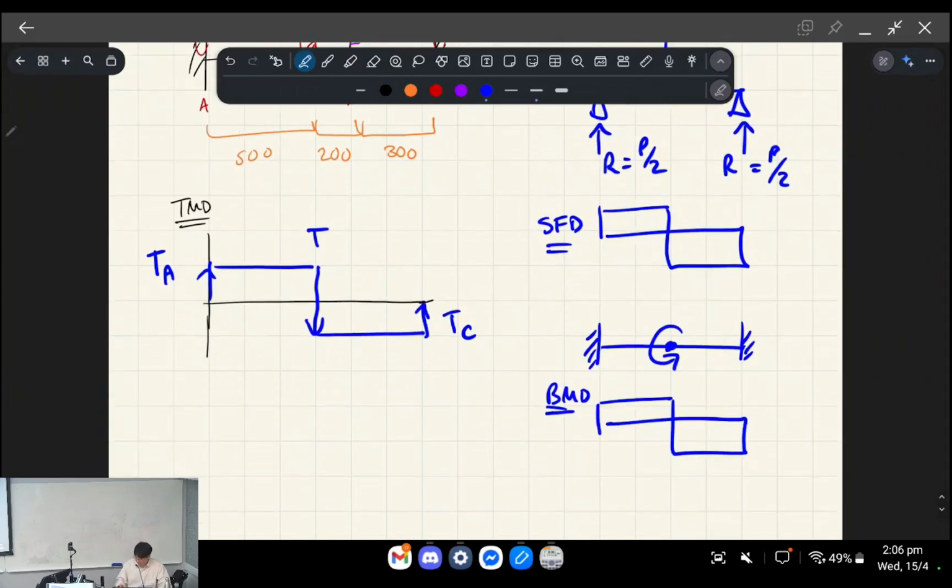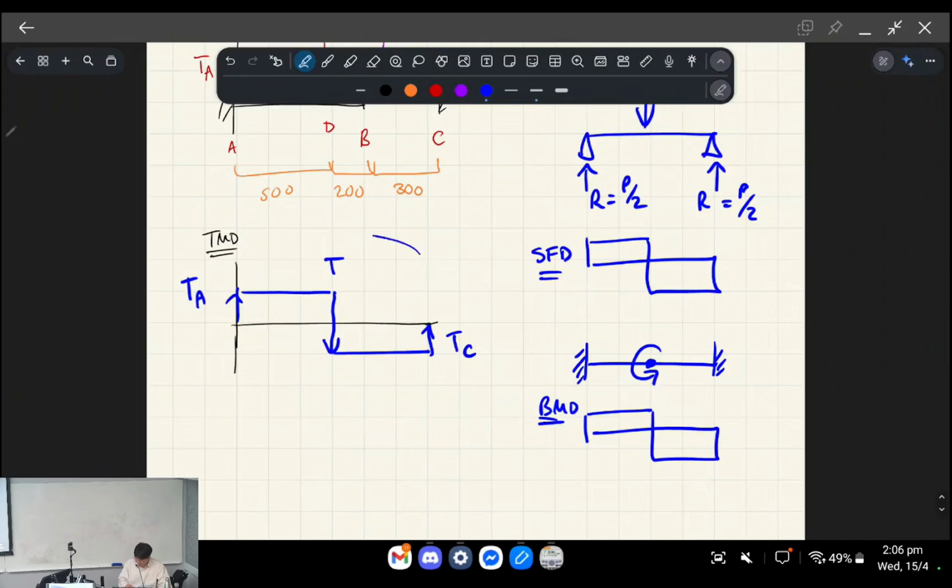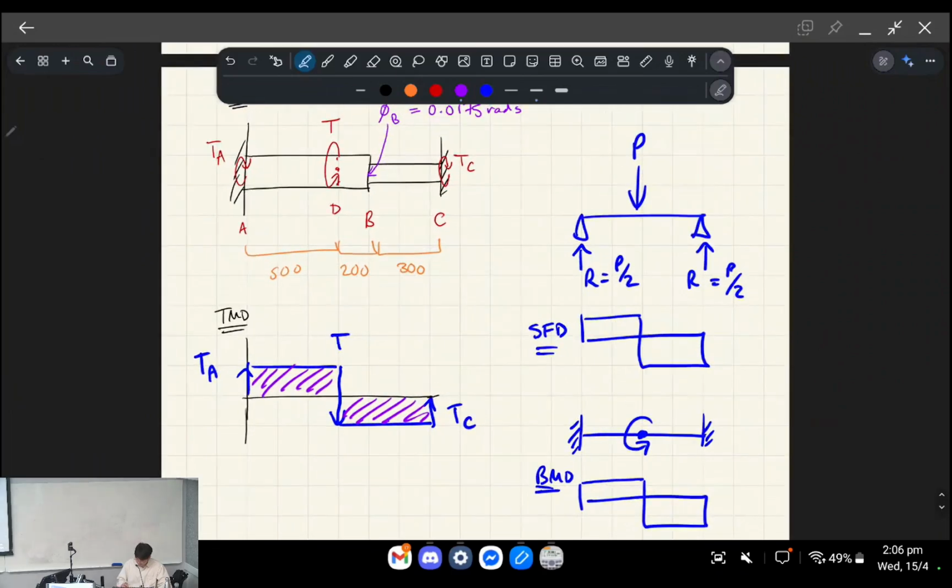So we're doing the same thing. To be in equilibrium, this area has to equal this area. That's what I'm trying to say, okay? So we basically know that TA is equal to TC, which is equal to T on 2, okay?